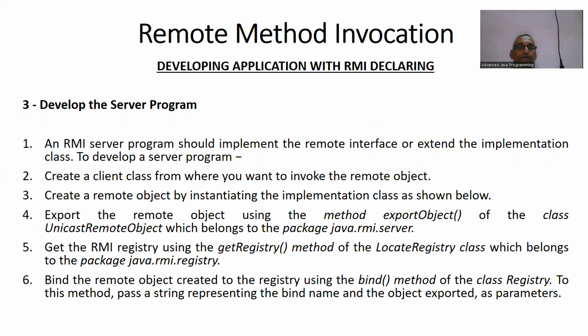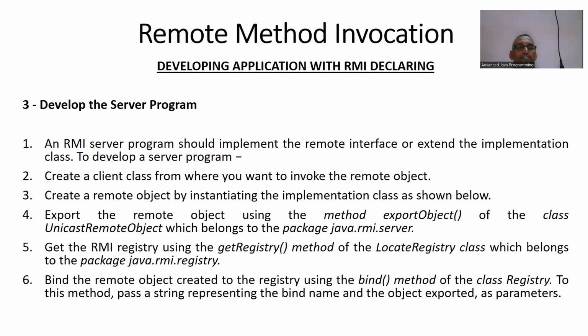An RMI server program should implement the remote interface or extend the implementation class. To develop a server program, create a server class from where we want to invoke the remote object. Create a remote object by instantiating the implementation class. Export the remote object using the method exportObject of the class UnicastRemoteObject, which belongs to the package java.rmi.server.